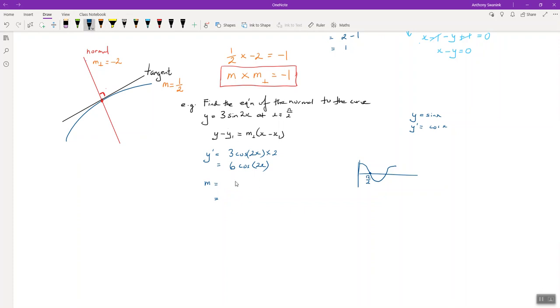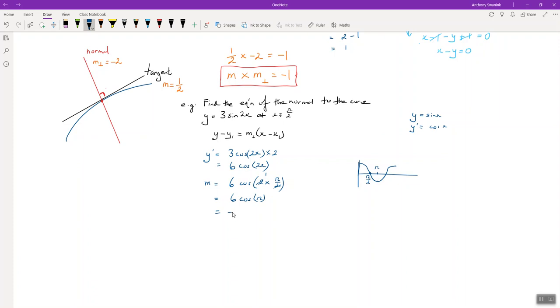There it is. So it'd be 6 times the cosine of 2 times pi over 2, and this time this will be 6 times the cosine of pi. And the cosine of pi, plug it into your calculator, or even better, know your cosine graph, and that is pi there, so this would be -1.